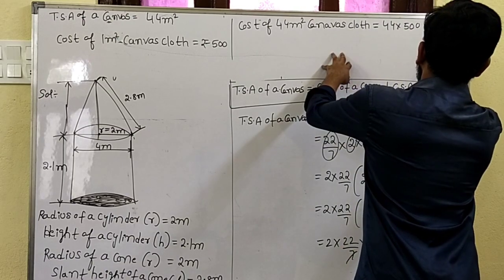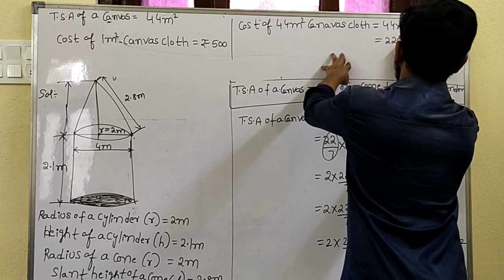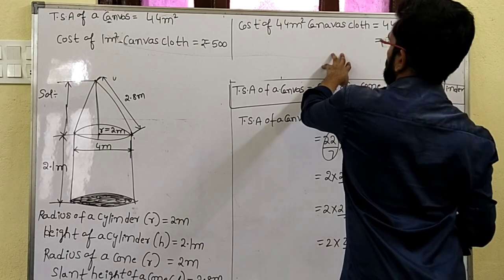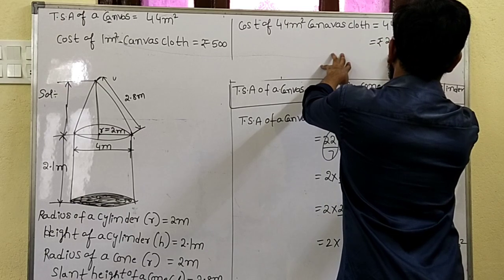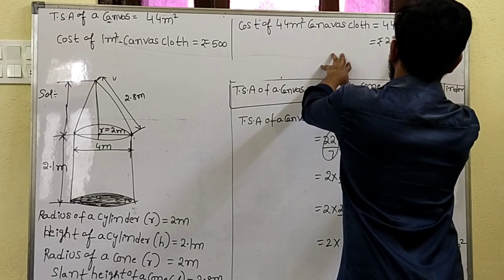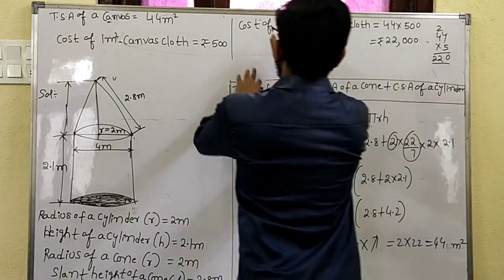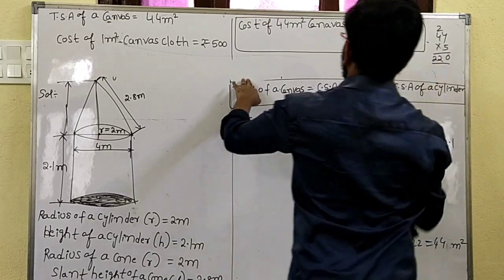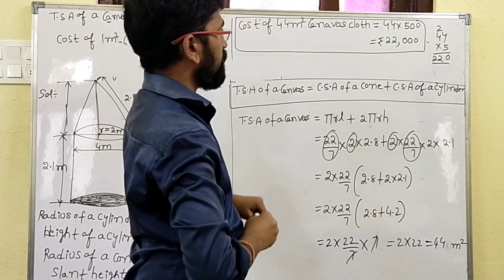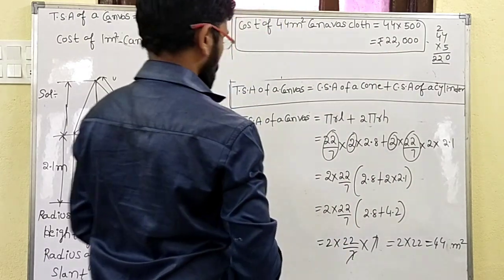So 44 into 5 is 220, that is 22,000 rupees. The cost of the canvas cloth is 22,000 rupees.